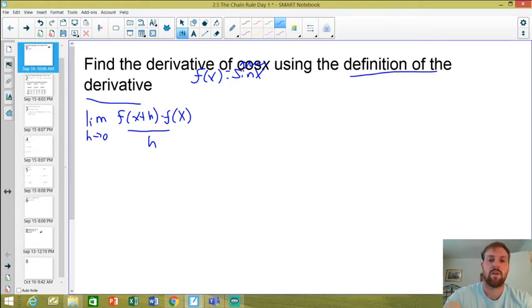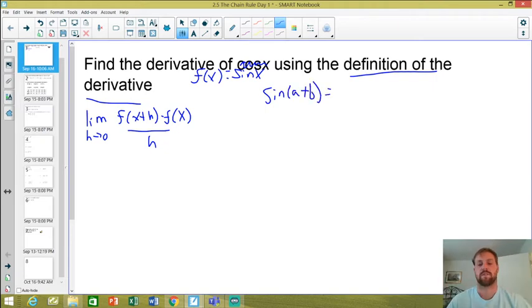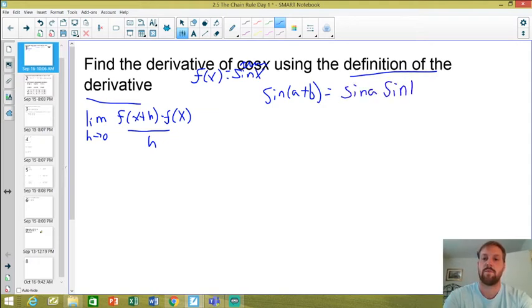One formula you need to know is the sum and difference identity for sine: sine of a plus b is the same thing as sine of a cosine of b plus cosine of a sine of b. And you'll also need the identities we talked about yesterday in our trig.